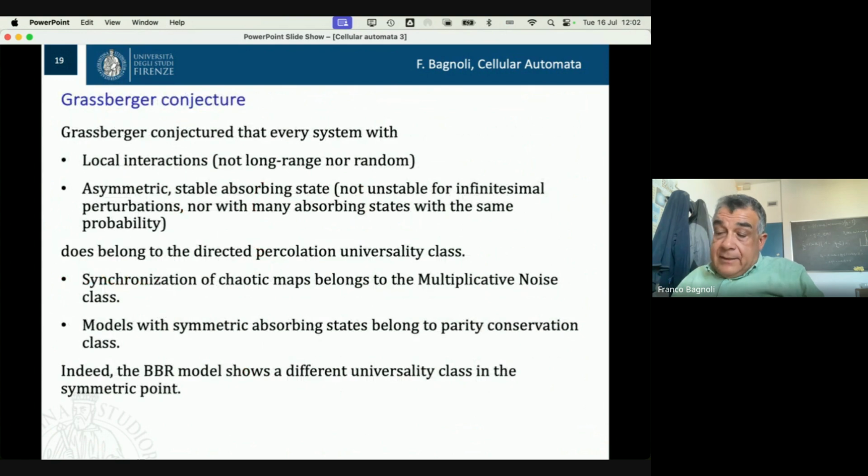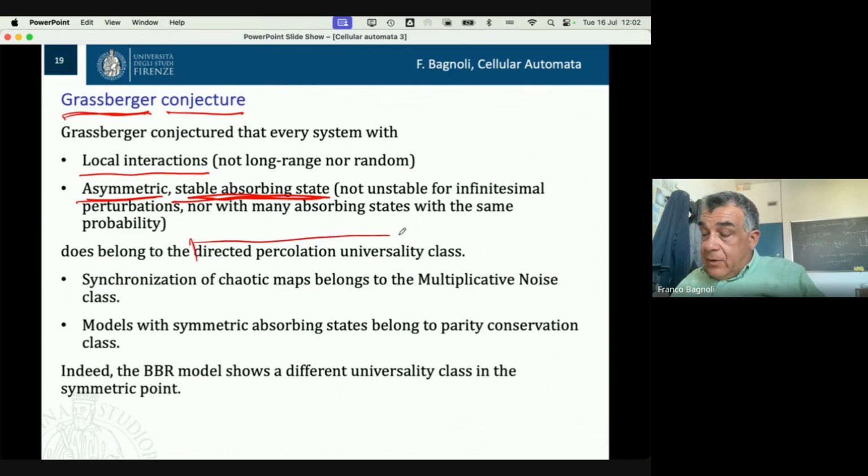And a researcher, Peter Grassberger, conjectured that all systems that have local interaction and one dominating absorbing state, or at least an asymmetric absorbing state, I mean, we shall see in the BBR model what happens, belong to the directed percolation universality class.